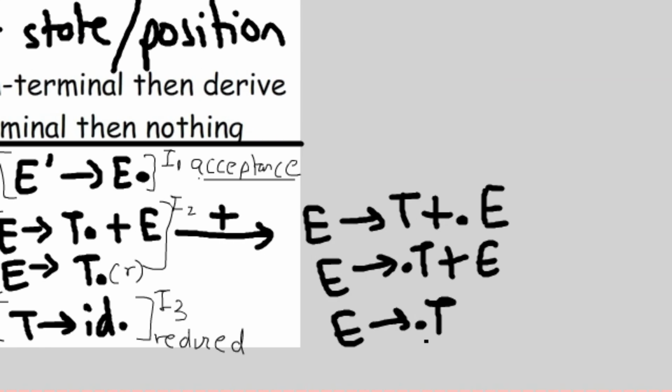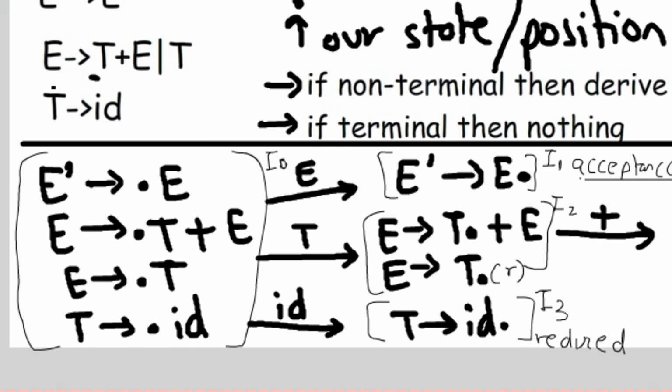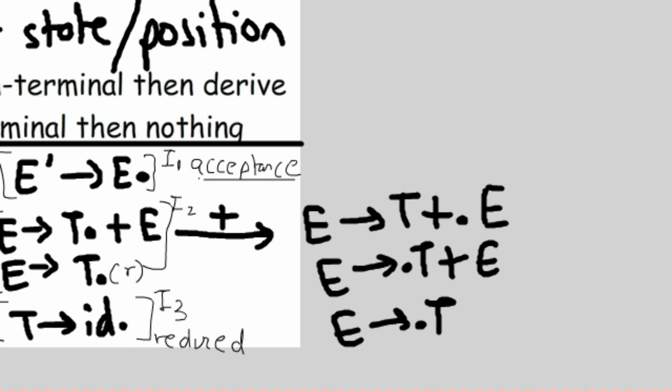Now there is a dot in front of T, and when there is a dot in front of a non-terminal, then we have to derive it. So let's derive T. T tends to ID is the derivation, so let us write it down, and then you have to write a dot in front of it.